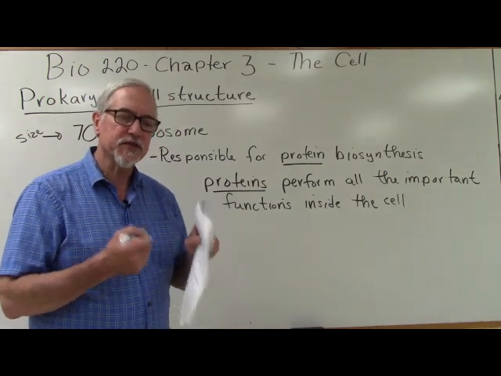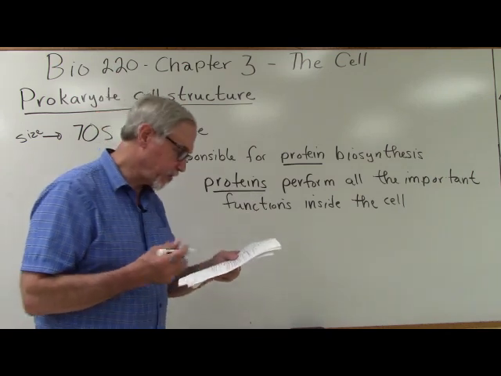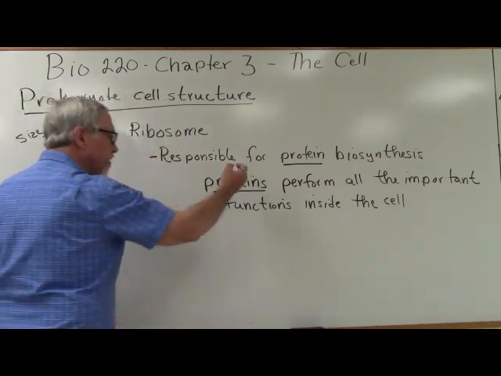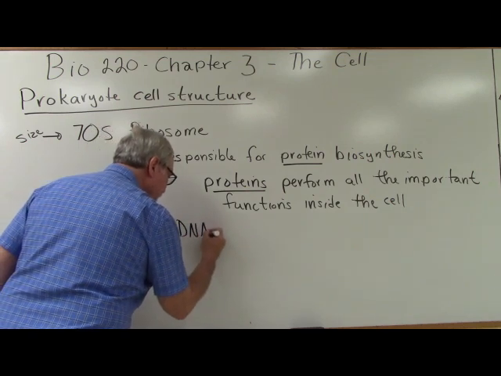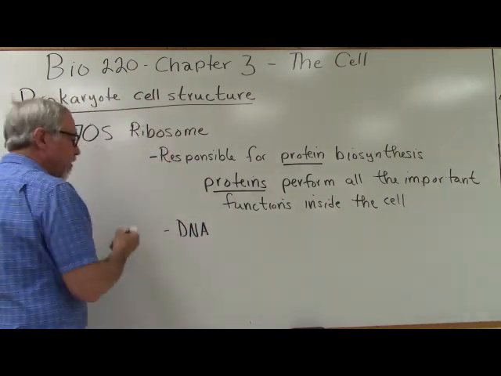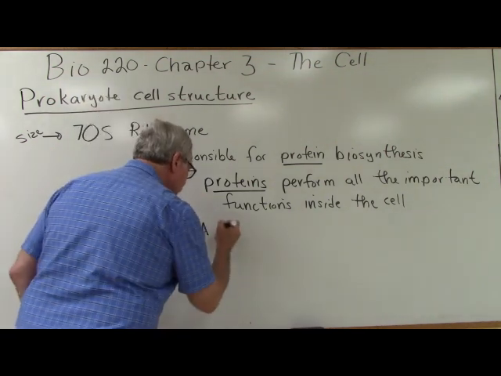Well, the order of assembly of proteins, that is dictated by your genetic code. So in terms of making proteins, this starts with DNA, either in your nucleus or just running around free in the prokaryote that we'll talk about here in a minute.